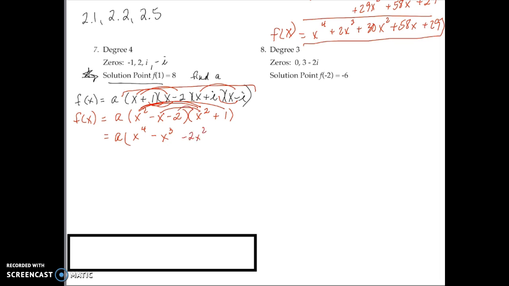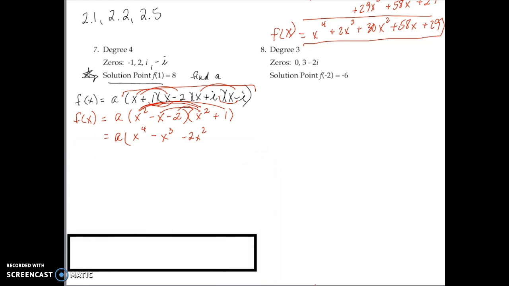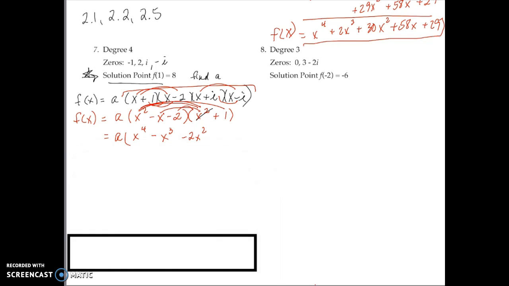And I'm finished distributing to x squared. And now I will distribute to the 1. So I have x squared times 1 is x squared. Negative x times 1 is minus x, and negative 2 times 1 is minus 2. I just prefer this method because it always lines up my common factors.